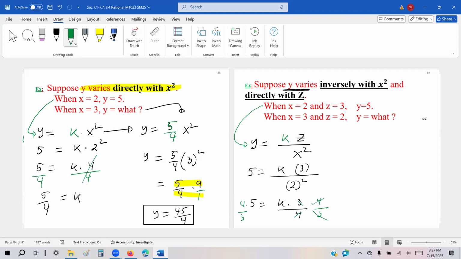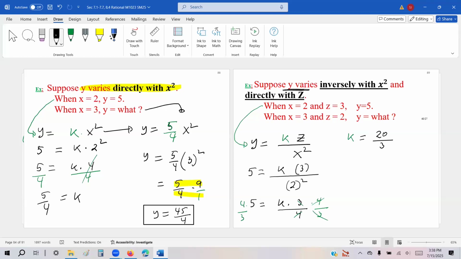You can do it in two steps or in one step. If you want to get rid of something from the numerator, you have to divide both sides by that. If you want to get rid of something from the denominator, multiply both sides by that. So both numerator and denominator cancel out. And we have our k. How much is k? 20/3. Just like this one, it's a fraction.